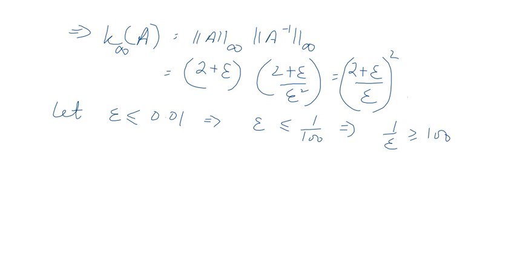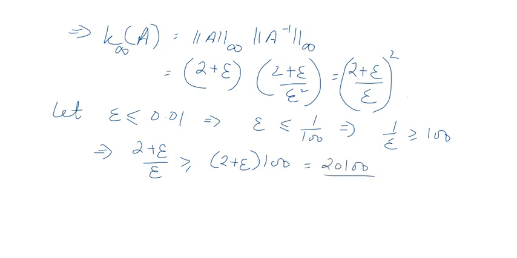Moreover, 2 plus epsilon by epsilon is greater than or equal to 2 plus epsilon times 100. Wait a minute, epsilon is less than or equal to 0.01.